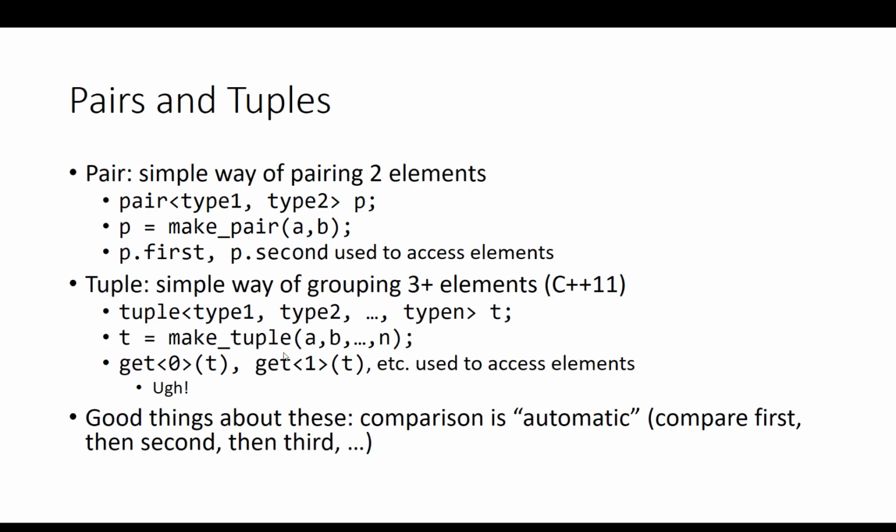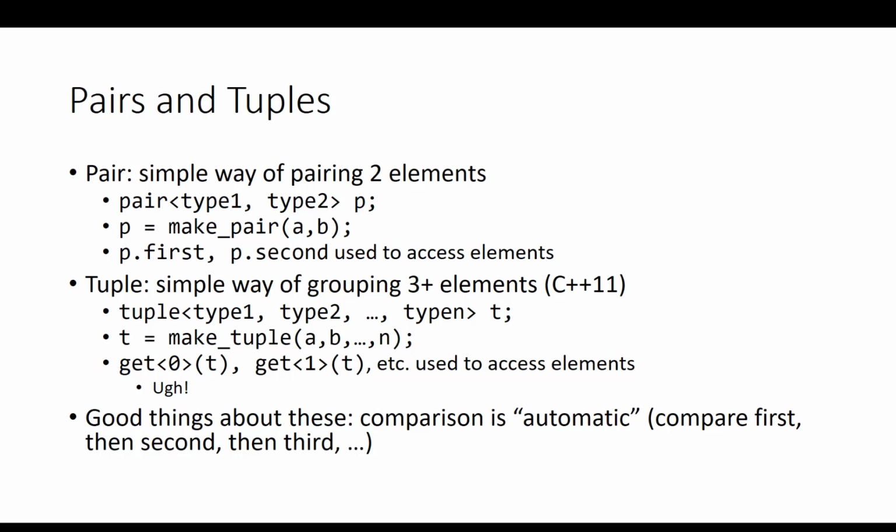If you see the code here on the screen, you have to write something like get, and then in angle brackets 0, and then in parentheses the tuple that you want to get it from, and that will get the 0th element, the first element from the tuple. And to get the next element, the second one, you would do get angle bracket 1, and then in parentheses the tuple.